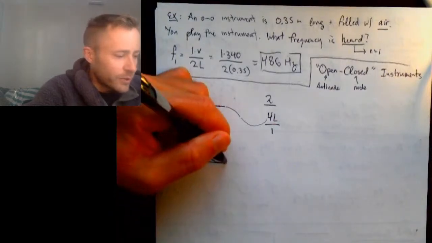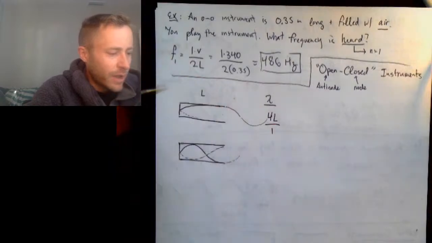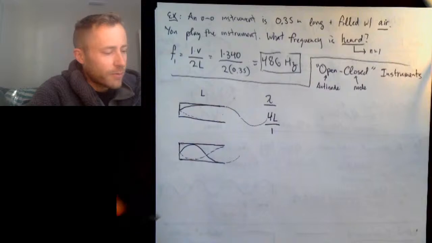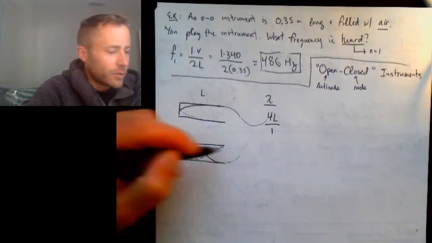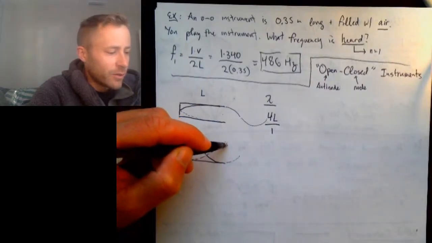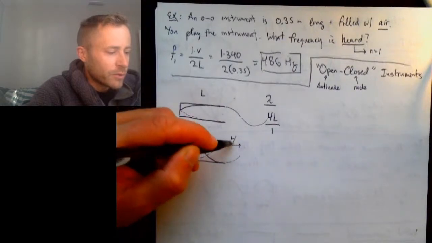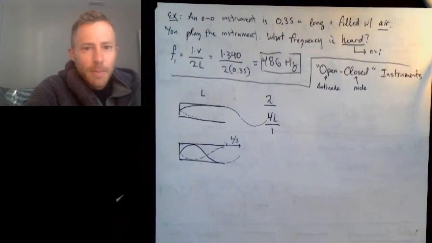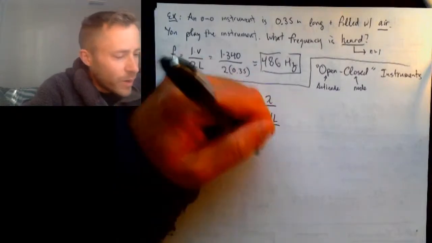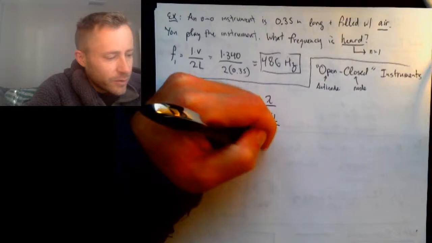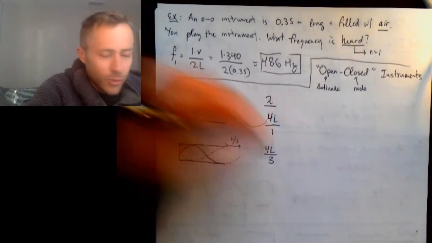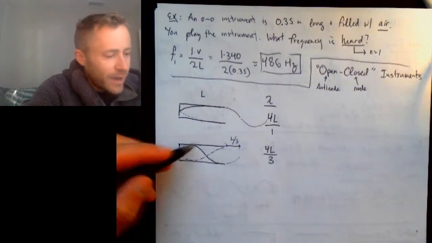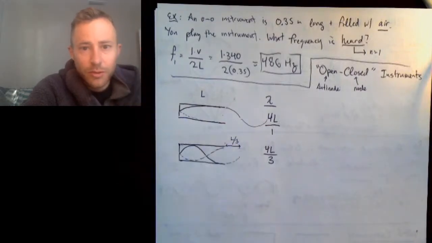To finish the wave, we have to add the other half of that trough. So this is adding basically another third of a length to the instrument. The wavelength of this harmonic is 4L over 3, because we added a third. So 1 plus 1/3 is 4/3.